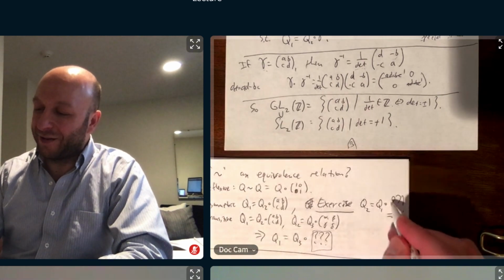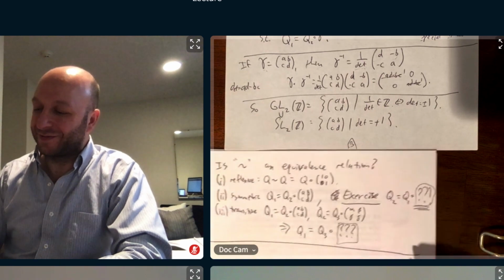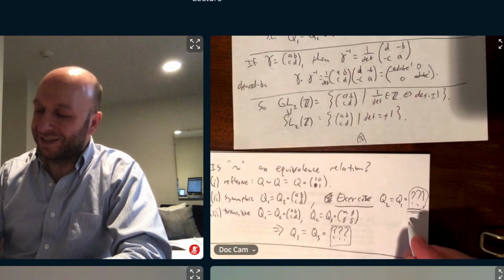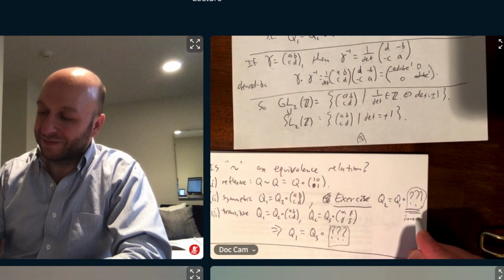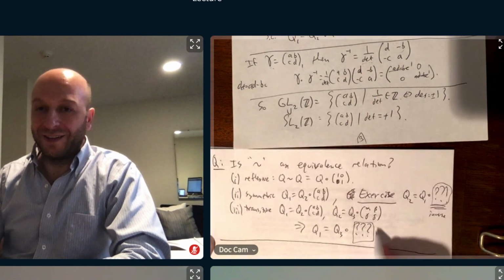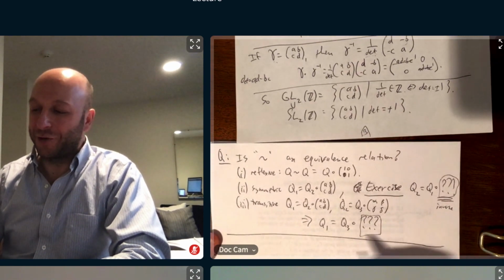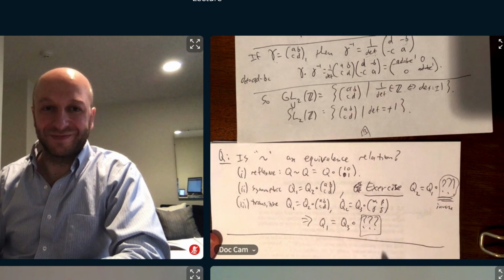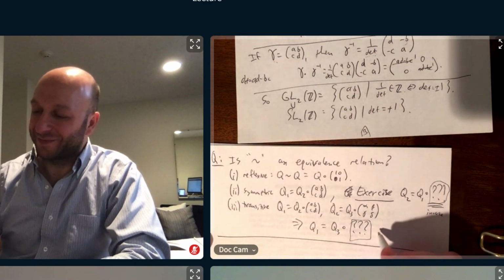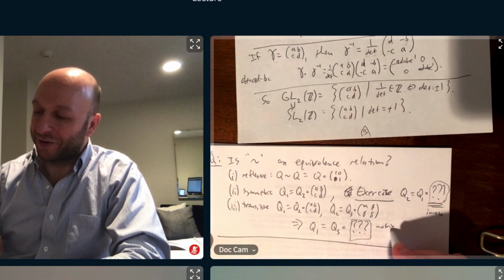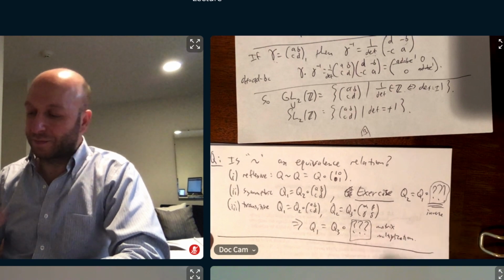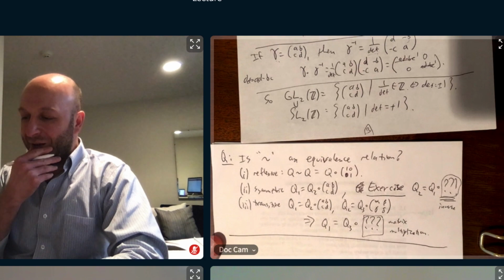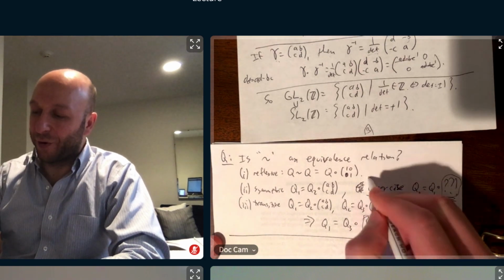This thing is the inverse, as you've guessed. This thing is the matrix multiplication. It turns out, this is matrix multiplication. Okay? These are very important exercises.